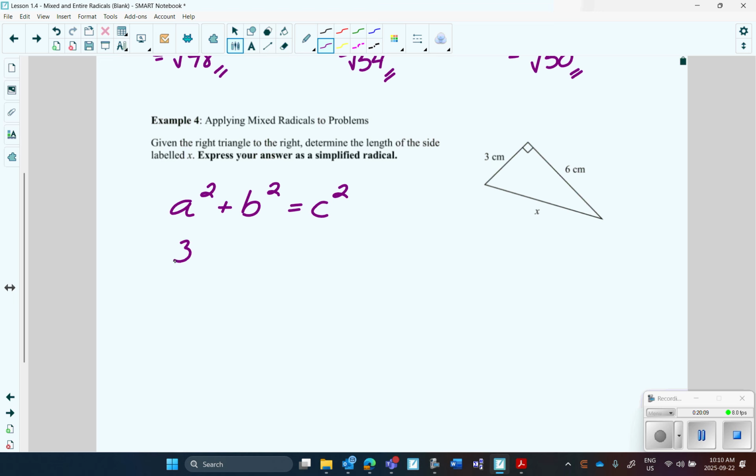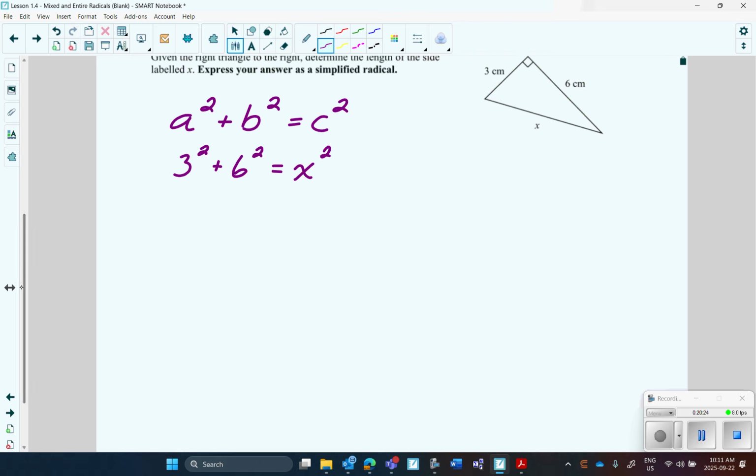So I go 3 squared plus 6 squared, and what have we called the hypotenuse? We called it x. You guys should be familiar with how to do this. It's just we're going to show our answer in a different way. So 9 plus 36 is equal to x squared. 45, after I add them, is equal to x squared.